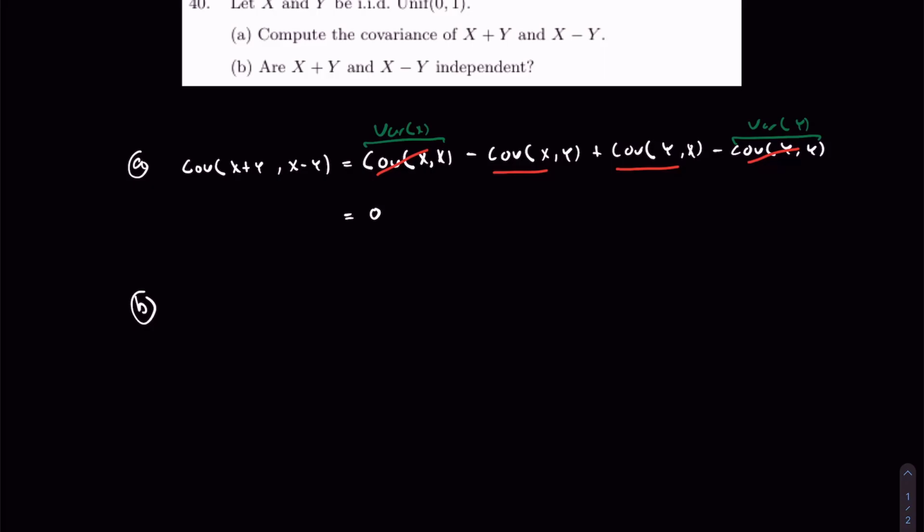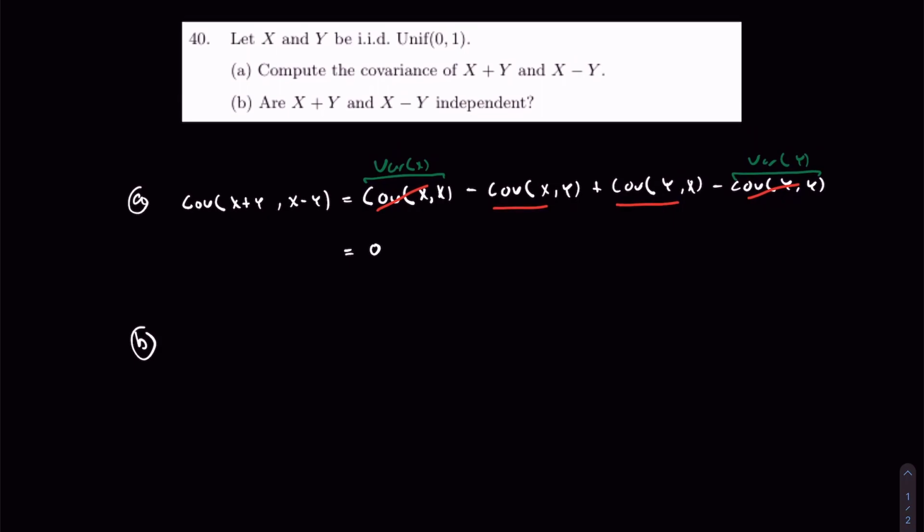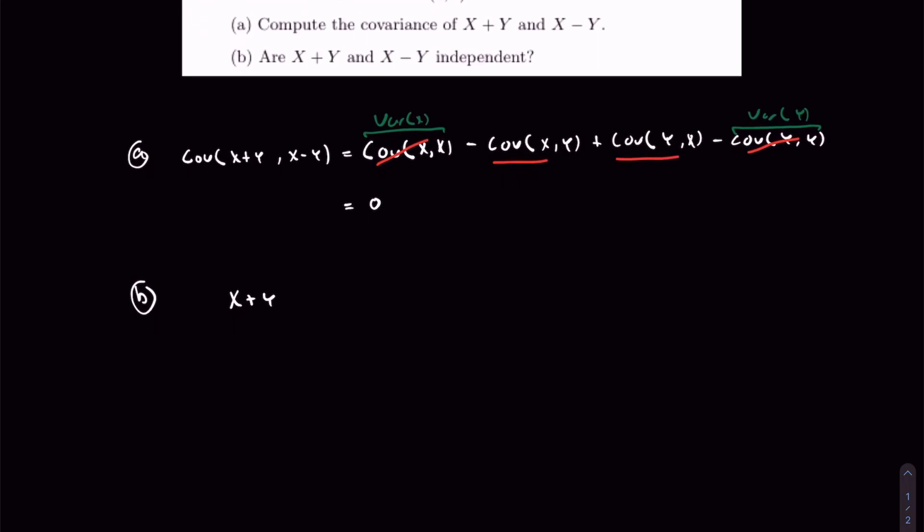Well, one way to think about this is to look at the support of X plus Y and the support of X minus Y. We only have to find one case where they are dependent to show that they are dependent as random variables, right? Independence means that for all values, things have to be independent.